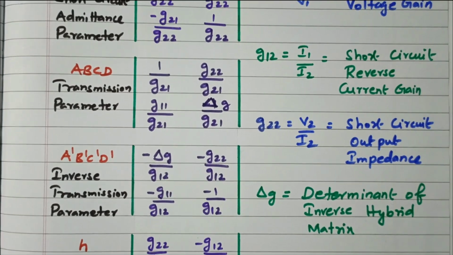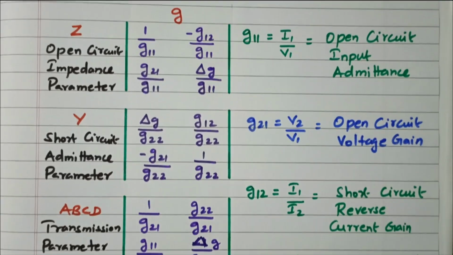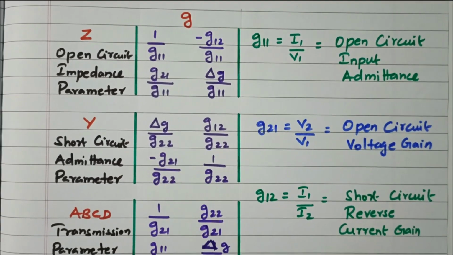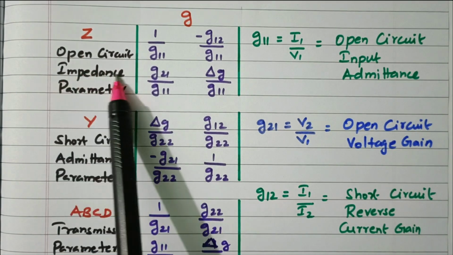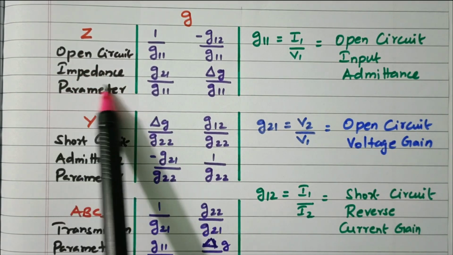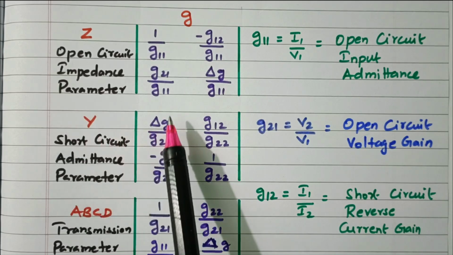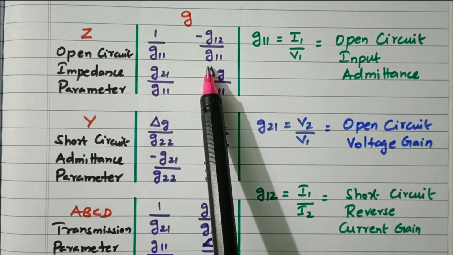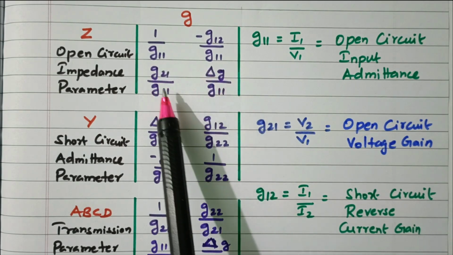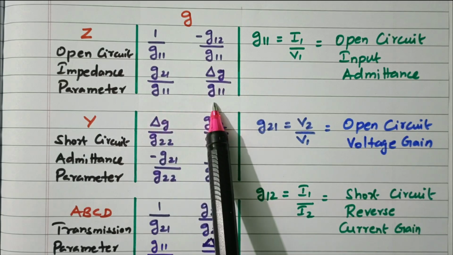Now we'll see the transformations one by one. First the Z parameter, the open circuit impedance parameter, voltage expressed in terms of current: 1 divided by G11, minus G12 divided by G11, G21 divided by G11, delta G divided by G11.